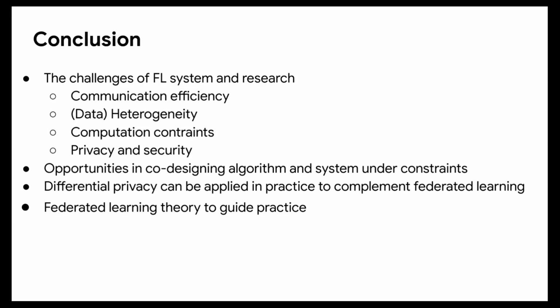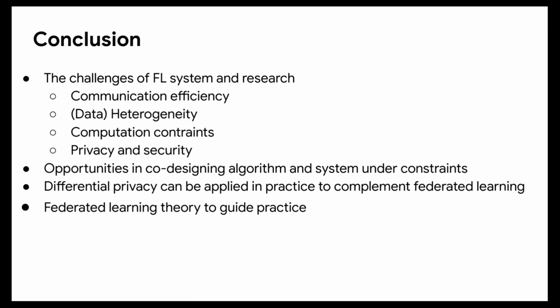Differential privacy has been a topic studied in machine learning for a long time. To the best of my knowledge, when applying differential privacy in deep learning, if you want to guarantee some epsilon-delta differential privacy, then you have to inject a lot of noise.